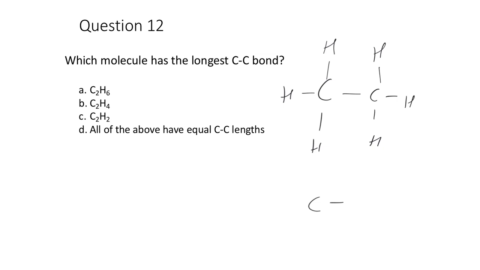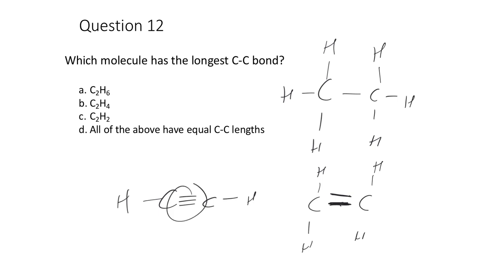C2H4, so 2 hydrogens on 2 adjacent carbons, goes double in terms of its bonding, and then acetylene goes triple. And so our triple bond is going to be shorter than our double, which is going to be shorter than the single. So the longest bond is the single, and the shortest bond is the triple. The double's in the middle.